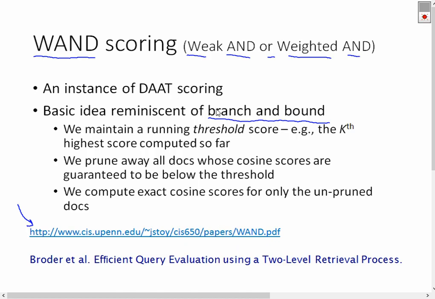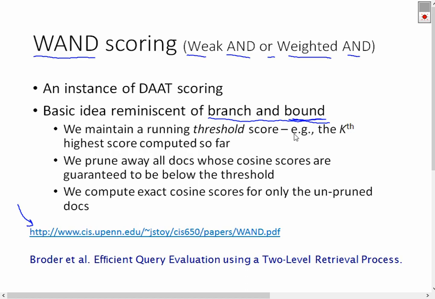Now, keep in mind, we're never going to have something that is less than optimal here. The whole concept behind branch and bound is that I'm establishing the bound, the upper or lower bound that I'm working from, such that I always know I'm going to prune stuff that has no chance of being one of the better ones, right? So I'm going to have a threshold.